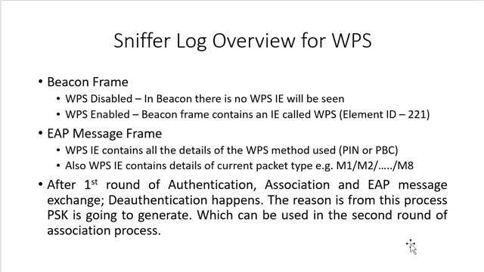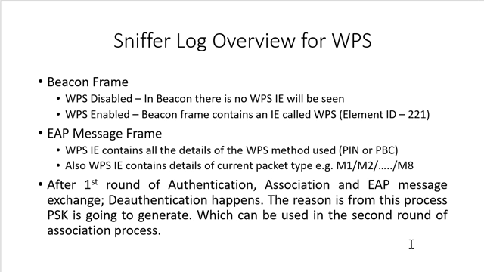Then how can you analyze the sniffer logs? This is just an overview. See, first of all, how will you come to know, as a technical guy, whether WPS is enabled in the AP or not? Just go to the sniffer logs, capture the sniffer logs, and look into the beacons.